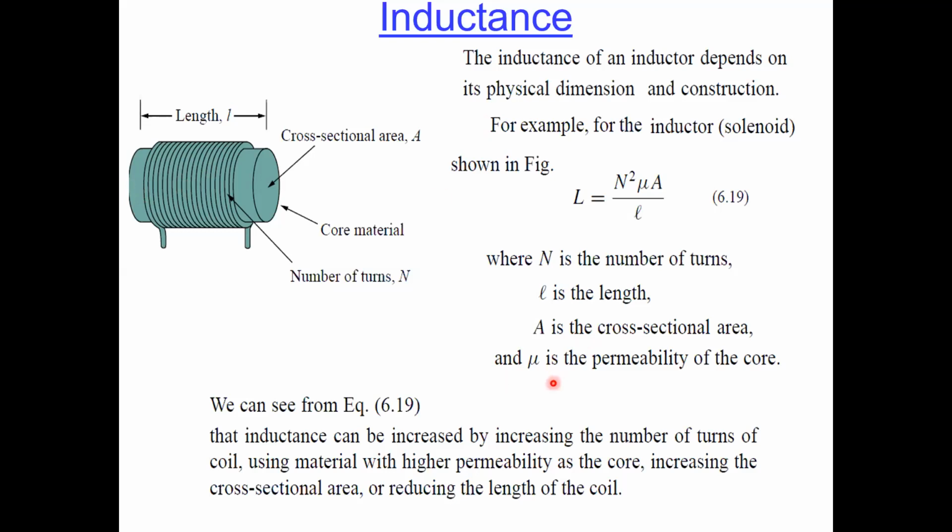The permeability μ is the product of μ naught and μ r, where μ naught is the permeability of free space, meaning air, and μ r is the relative permeability.